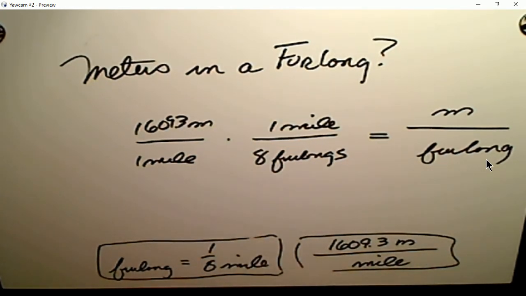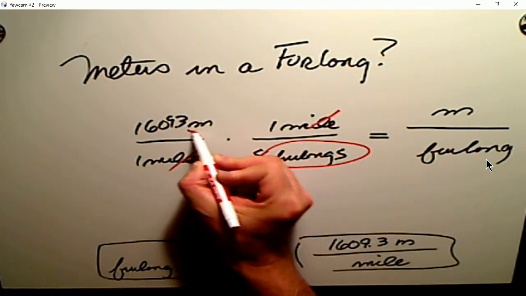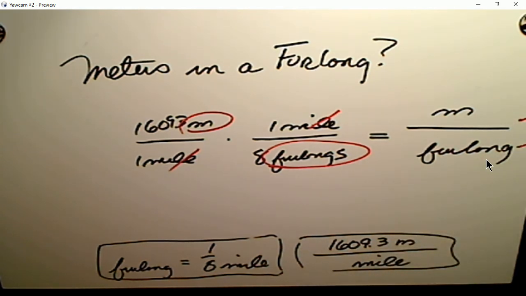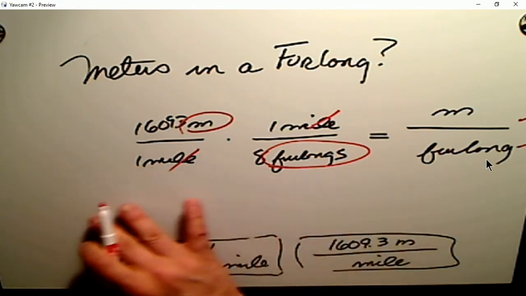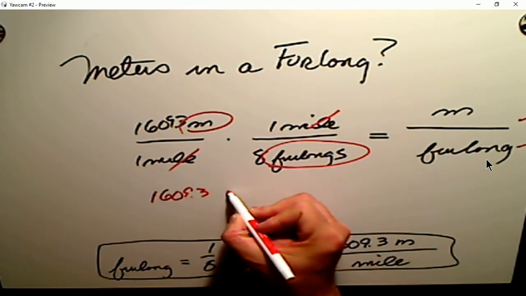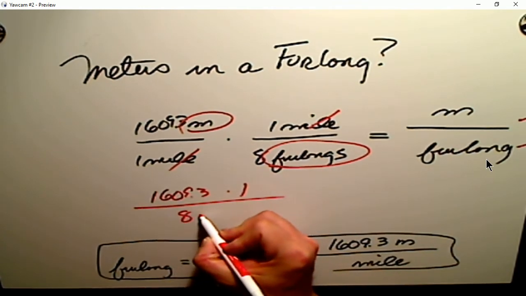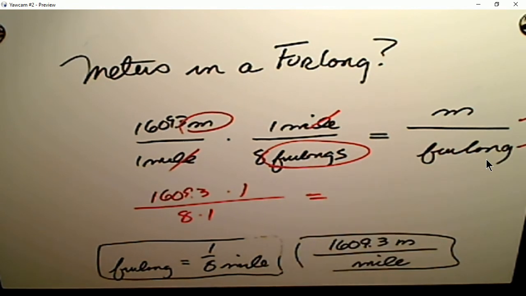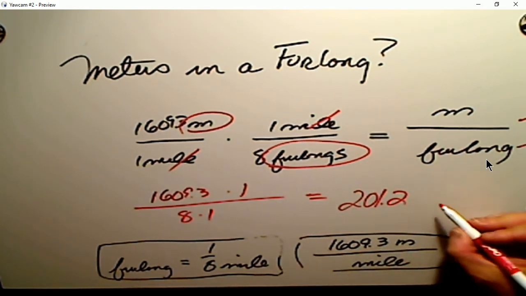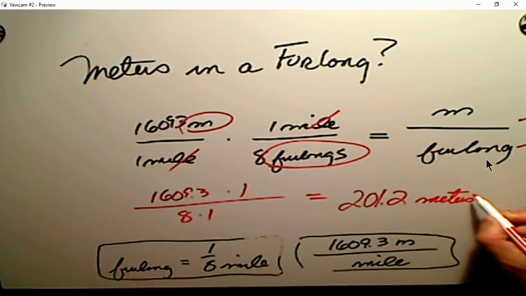So like we did before, we can cancel out the miles, and we have furlongs in meters left over, which match on this side. So you just simply can do 1,609.3 times 1 over 8 times 1 to get the answer, meters per furlong. Should get something like 201.2 meters per furlong.